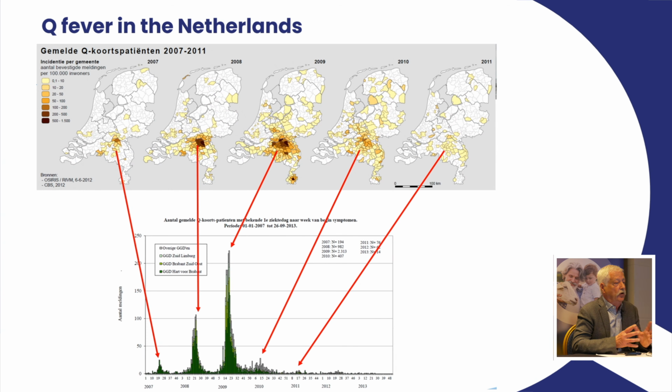So this is an overview of what you saw. Until 2007, only 17 cases per annum. Then 2007, 200 cases. 2008, almost 1,000. 2009, 2,300. Going back to about 400 after all the measures we have taken in 2010. And since then, the infection just faded out.